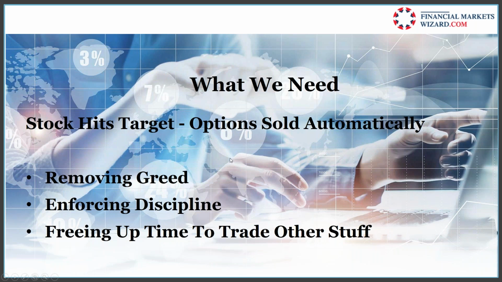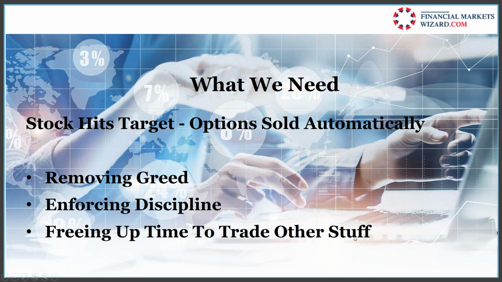So what we need is, when the stock hits the target, our option should be sold automatically. We are not involved in making the decision at that time. We should not be involved in making the decision when the stock is hitting the target, because we have done the homework. So we should stick to our homework that we said we will get out when we thought we will get out. We need this to remove greed, enforce discipline, and free up time to trade other stuff.